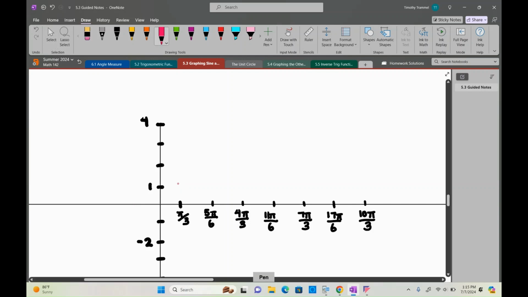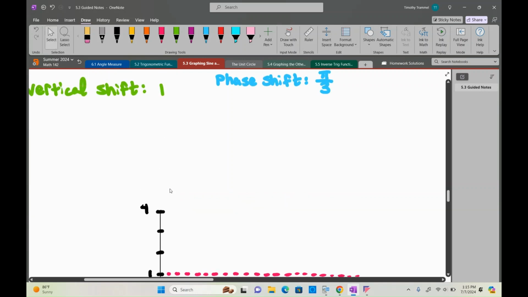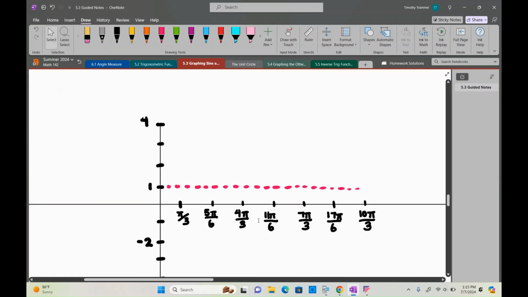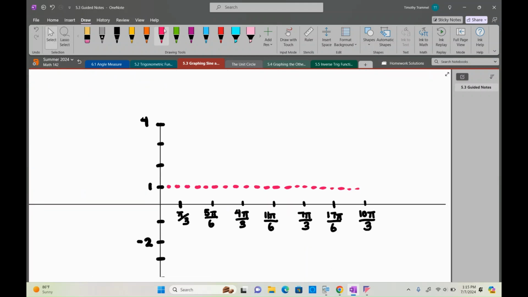So the middle of the wave is technically right along here. But also, sine again starts at the middle of the wave, but we've been scooted over to the right pi over 3 units. So I want to come over here, and at pi over 3, that's where I want to start off.